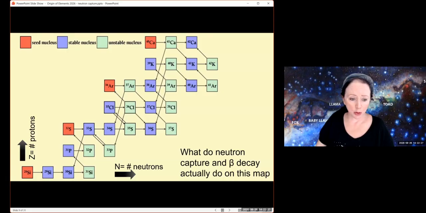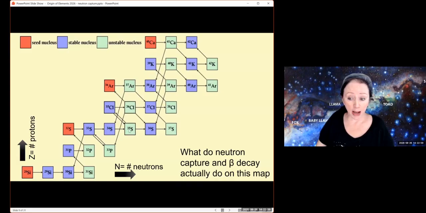Now remember, we have two competing clocks. So if the beta decay has time to occur between neutron captures, we're going to follow one kind of path. But if the neutron capture keeps winning the race, we're going to follow a different path. Well, let's repeat this with sulfur. We've got sulfur 32 here. We add a neutron, it's still stable. We add a neutron, it's still stable. We add a neutron, it's not stable. It will beta decay and give us chlorine 35.